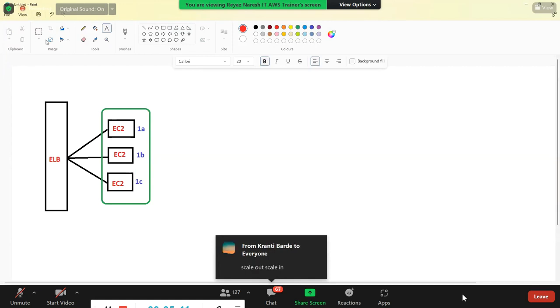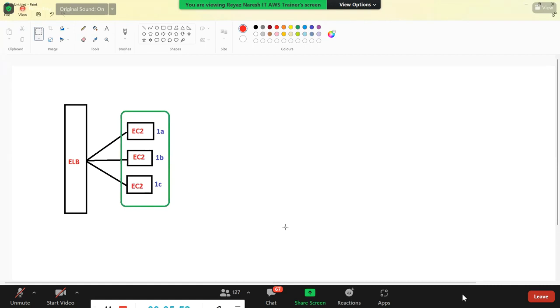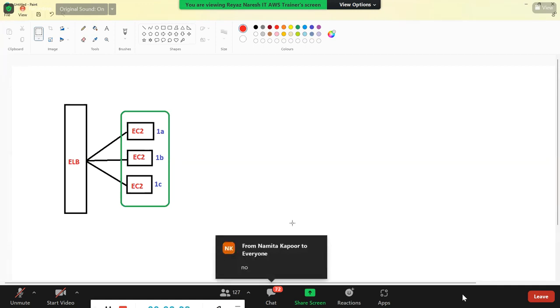So we know this architecture already, right? So guys, is it good if I access my application using an IP address? No. So what do we have?